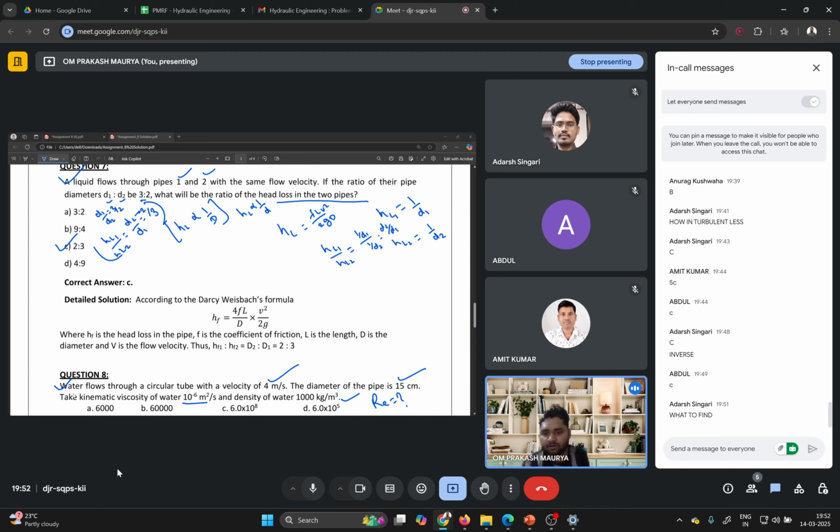I think it is not mentioned in the question, but here you need to find out the Reynolds number. Which option will be correct for question number 8? Velocity is given, diameter is given, kinematic viscosity is also given, and density of water is also given.